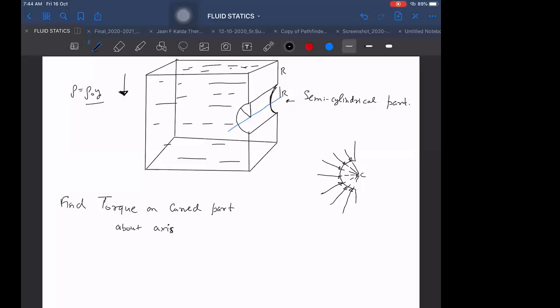I have to assume an angle first, maybe theta on this side, and this one will be an r d theta strip here. What will be the total length of this strip element, if I am taking a small element here?